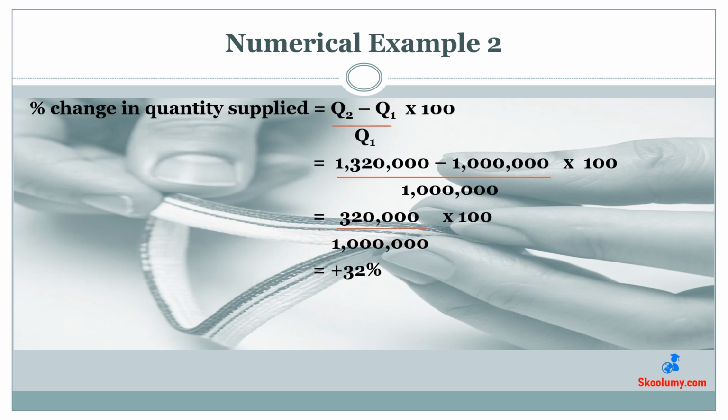Calculating percentage change in quantity supplied. Q2 minus Q1 divided by Q1 times 100. This is 1,320,000 minus 1 million divided by 1 million times 100. The answer is plus 32%.